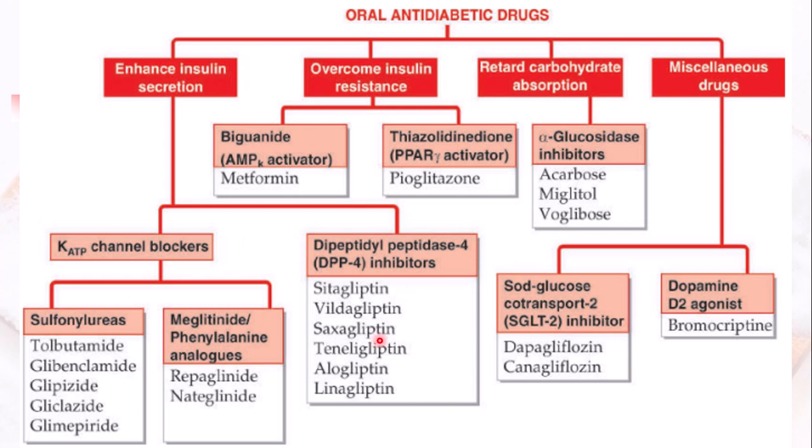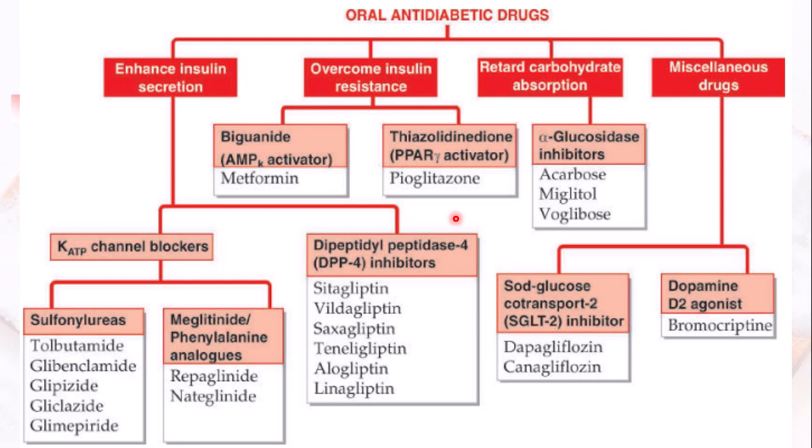Let's go to the next one, the dipeptidyl peptidase 4 inhibitors. These include sitagliptin, vildagliptin, and saxagliptin. You should first know what dipeptidyl peptidase 4 does.